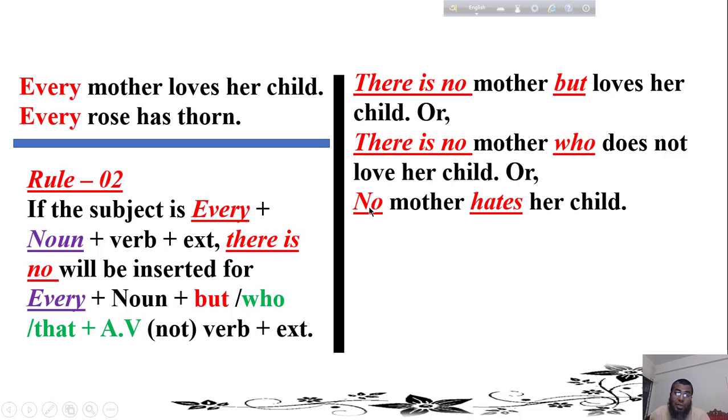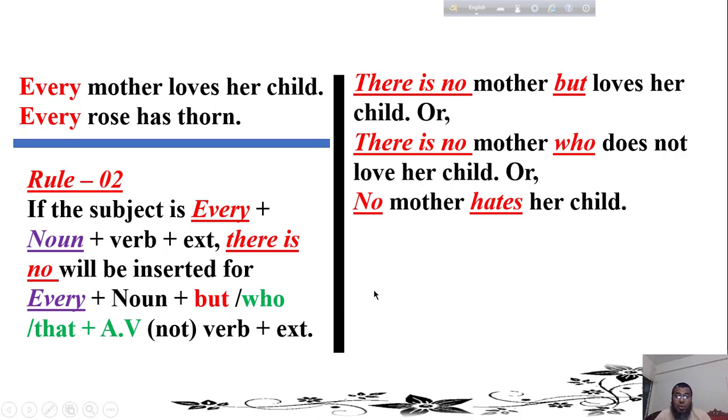Dear students, I will discuss it in detail in our next class. So just look, if any affirmative sentence has a word which has an opposite word, then we can change the affirmative sentence into negative in a different way.